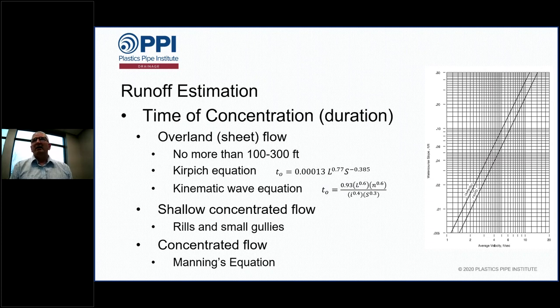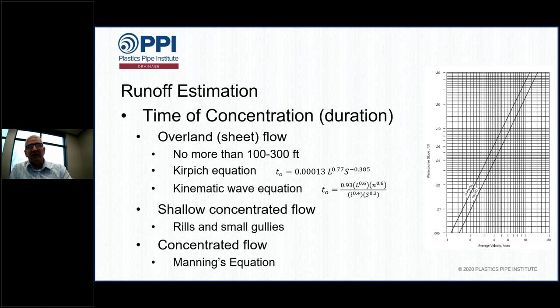So the way that you estimate it is either by the Kirpich equation or the kinematic wave equation. If you look at the kinematic wave, you see that the overland flow time is a function of the intensity, which is that small i in the denominator. So what you're really trying to figure out here is the intensity.